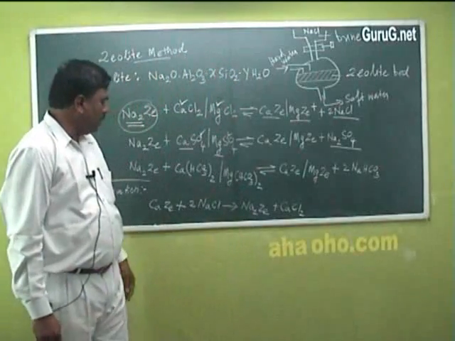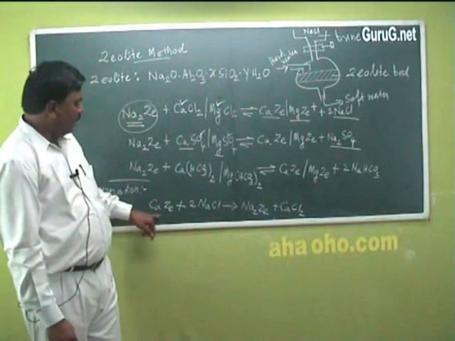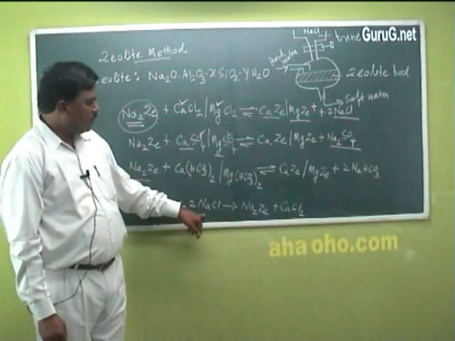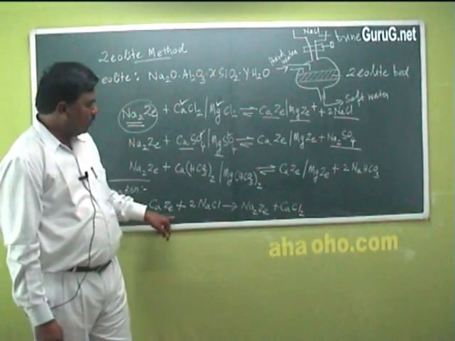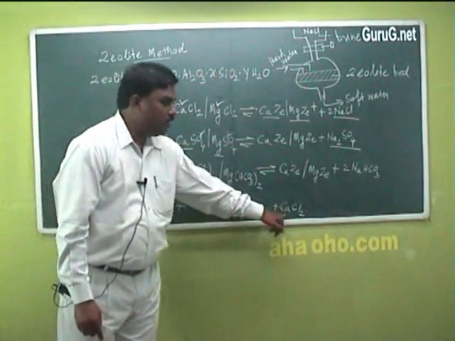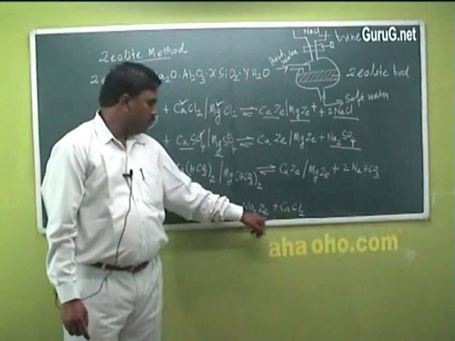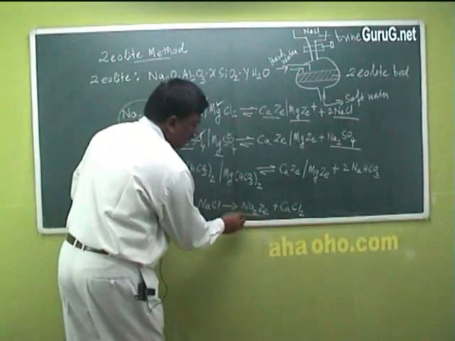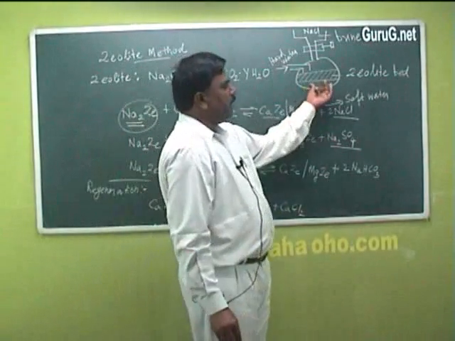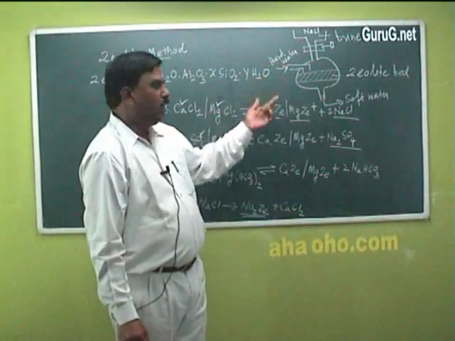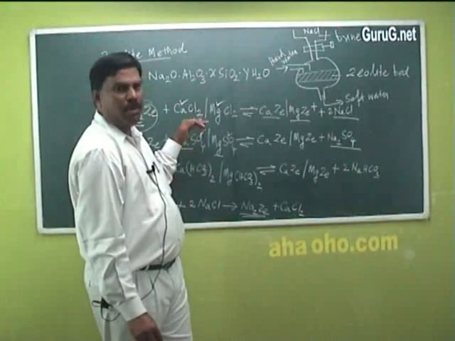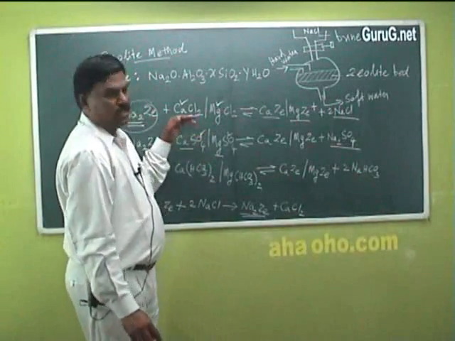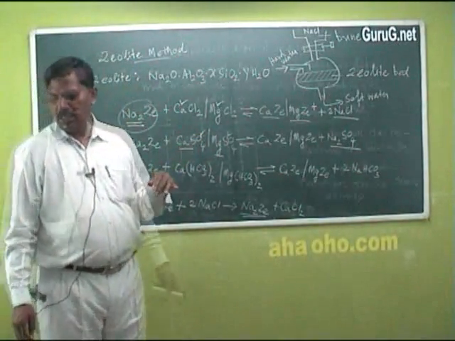The regeneration reaction is: calcium zeolite is treated with sodium chloride, converting into sodium zeolite plus calcium chloride. This sodium zeolite is used again in the zeolite bed for the removal of calcium and magnesium in the form of chlorides and sulfates. So this is the zeolite method.